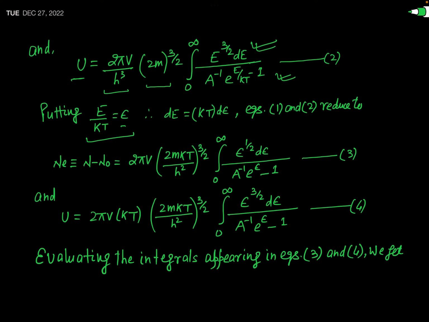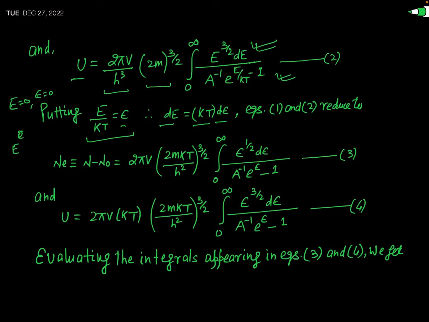And so from here you can see that this differential of E will be equal to kT times differential of epsilon. Okay. Now, when you take E by kT equal to epsilon, you can see if E is equal to 0, what will be epsilon? Epsilon will be also 0, you can see.